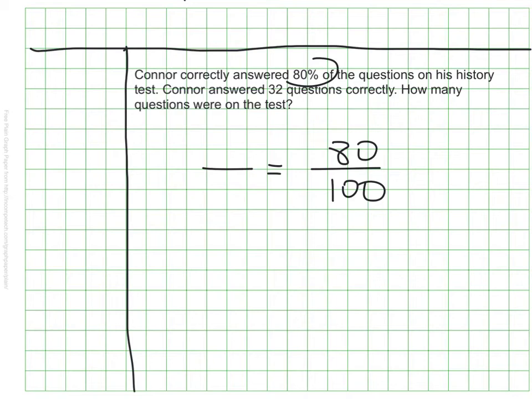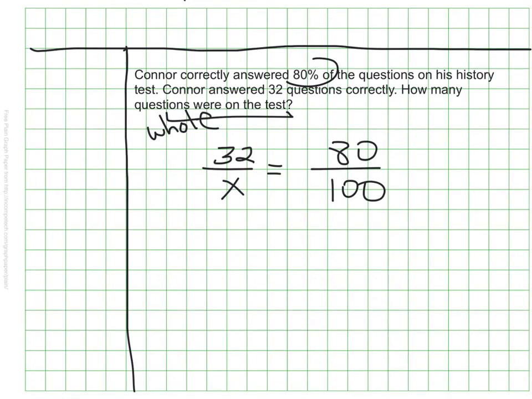The thing we don't know is how many questions were on the test. We don't know the whole. We don't know the total amount. So I'm going to say that he had 32 questions correct, but I don't know what the whole is. And I can always represent this also with a variable. Some of us are starting to do that. I've seen that in class where we're using some letters to represent the numbers we don't know.